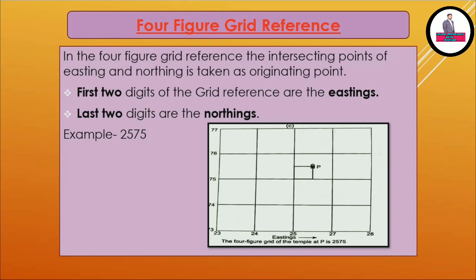So in this grid the temple is located. So reading will be taken as 25, 75. Remember that when we take the reading of the object within the square, it should be from the southwest point or southwest corner. In that way, the 4-figure grid reference is taken as a reading.